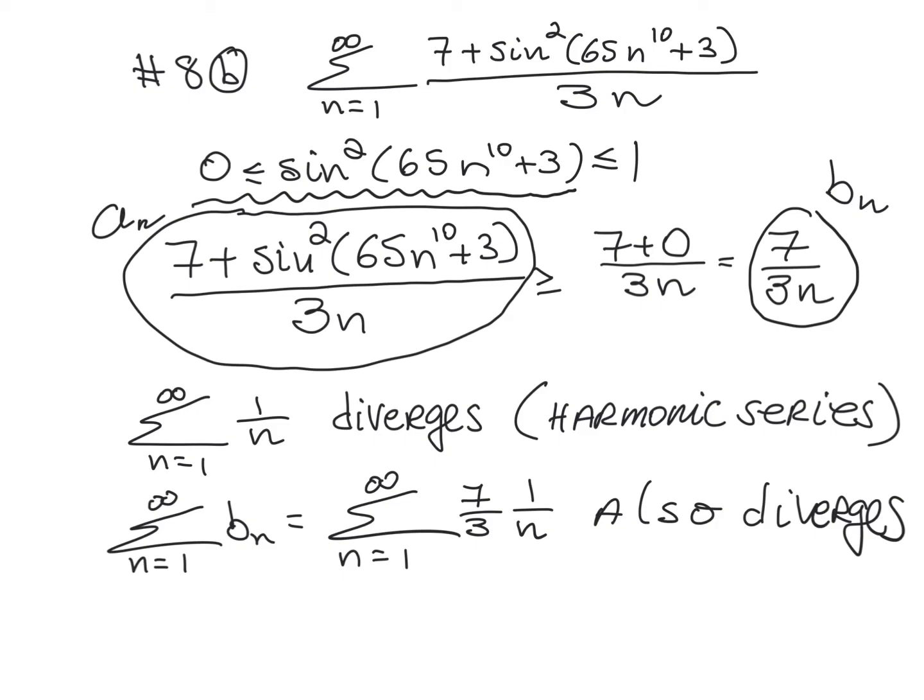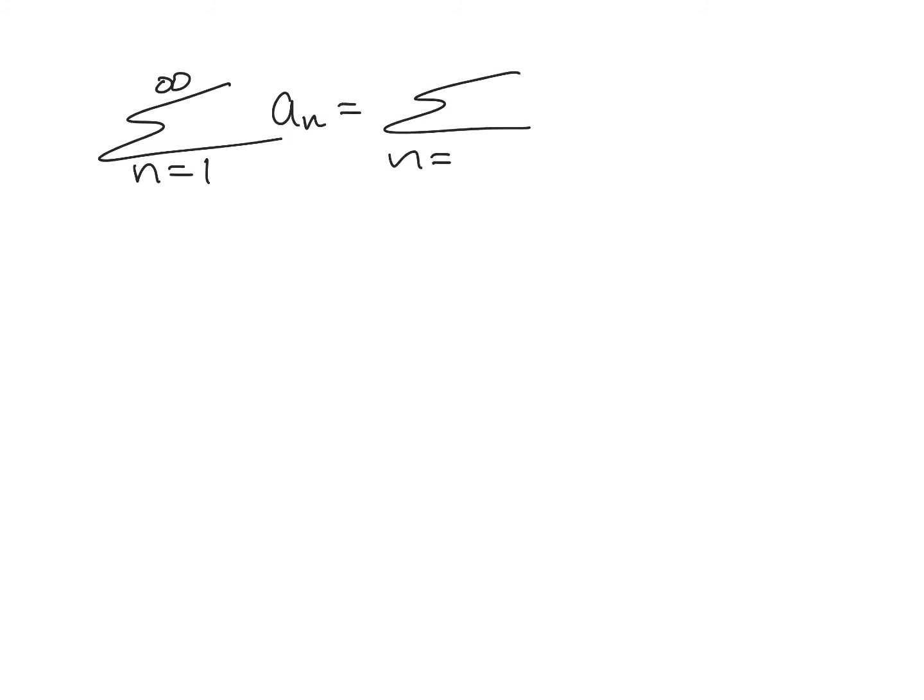We now just want to state this one more time. We're considering the a sub n series, summation from 1 to infinity a sub n, which in this case equals the summation from 1 to infinity of 7 plus sine squared of 65 n to the 10th plus 3 divided by 3n.